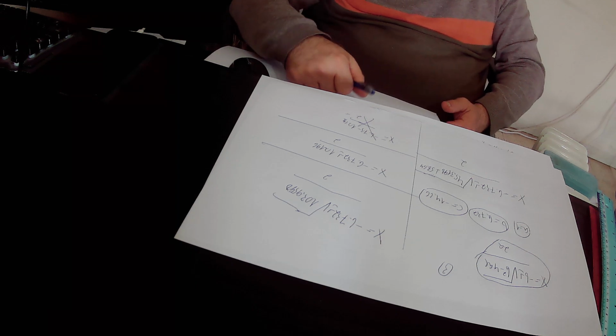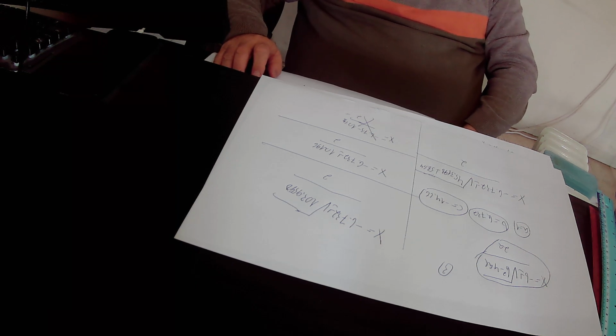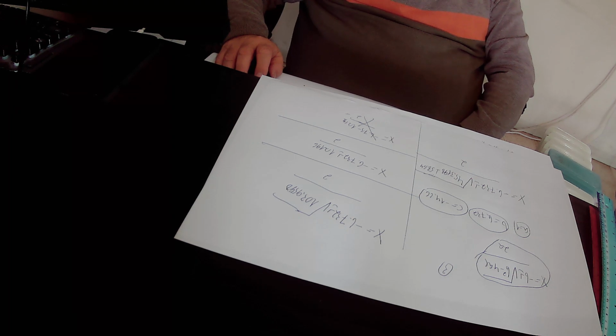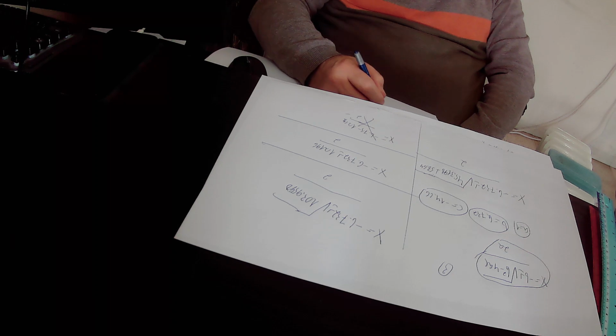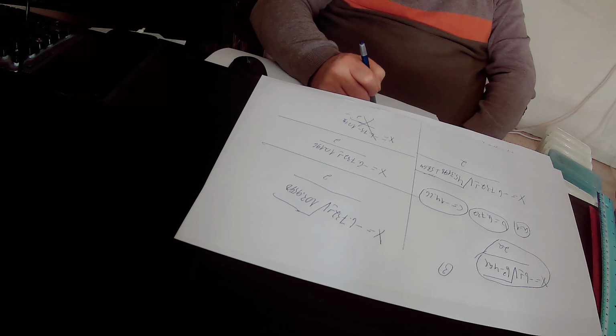So x equals 10.196 minus 6.732, which equals 3.464 divided by 2.